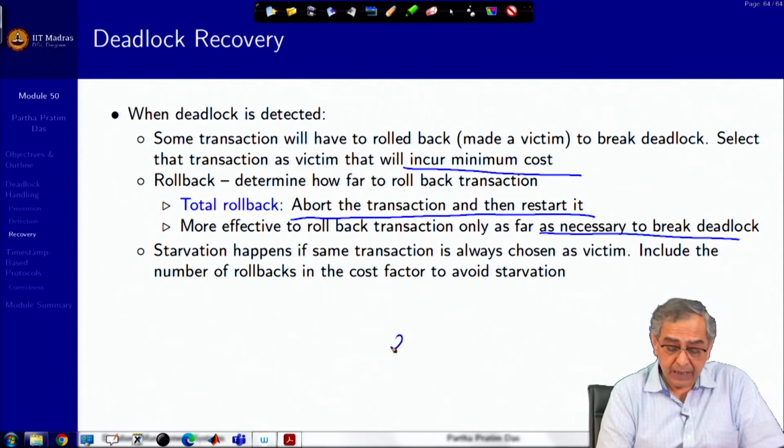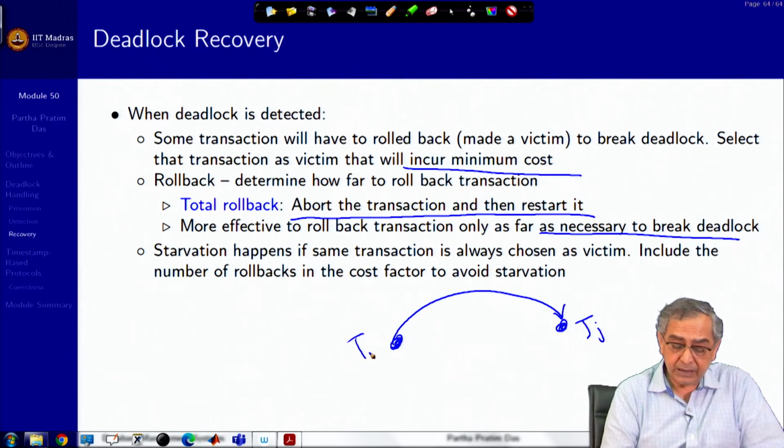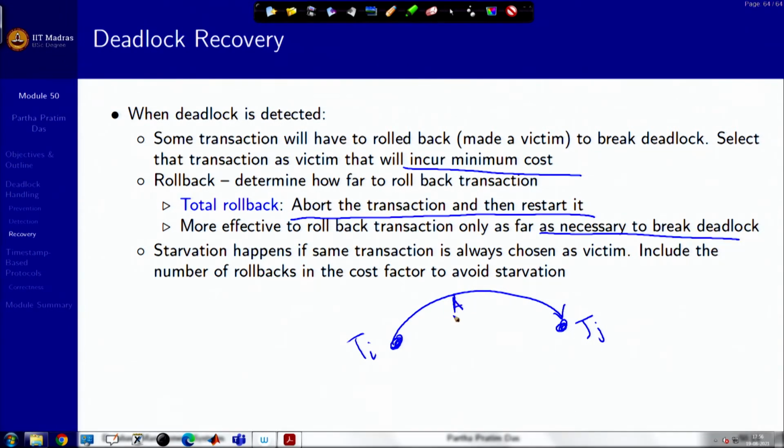So, if I have this situation, this T j and this is T i, this is A, and I have this on B, and so T i is waiting on T j who is holding A, right.